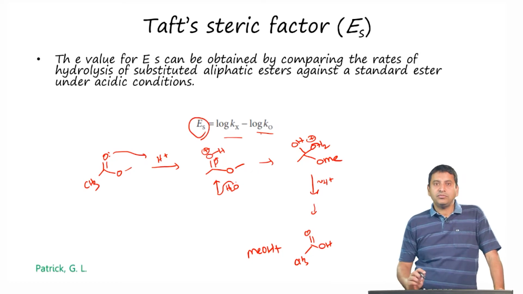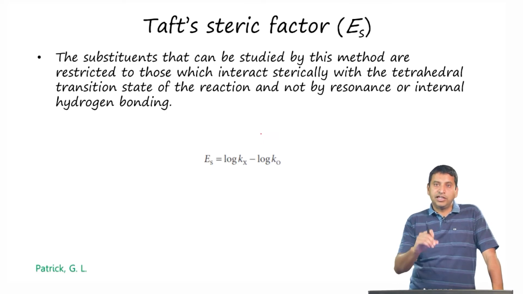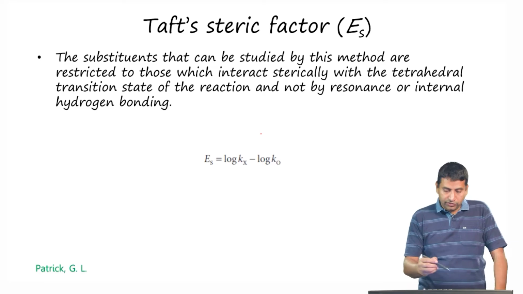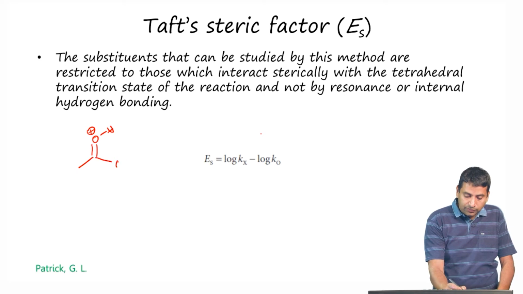Now, the substituents that can be studied by this method are restricted to those which interact sterically with the tetrahedral transition state. So, here if you see in the acid catalyzed reaction, you will have an ester here and water is going to attack here and kick this out, right.